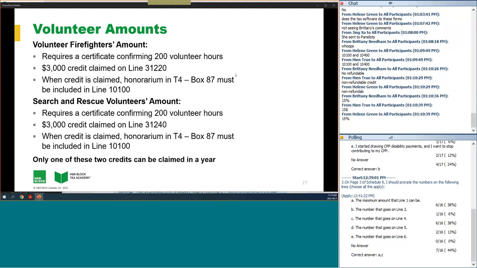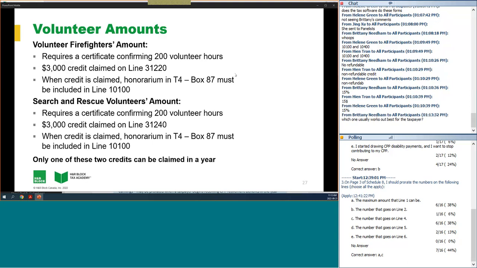You can choose to leave the income off line 10100, in which case you don't get the non-refundable credit, or you can give them the non-refundable credit, but then you have to add the box 87 onto line 10100. Does that make sense? So you have two options: exempt income, no credit, or credit plus taxable income.